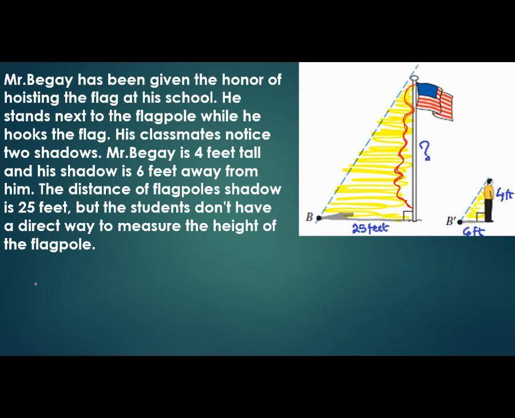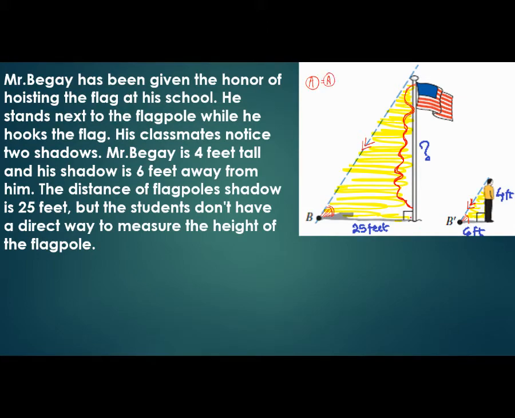How can you say that these two triangles are similar? At a given time, the sun rays are parallel at a place. So these two are parallel lines. If these two are parallel lines, obviously the corresponding angles are equal. So I see that angle equals angle.